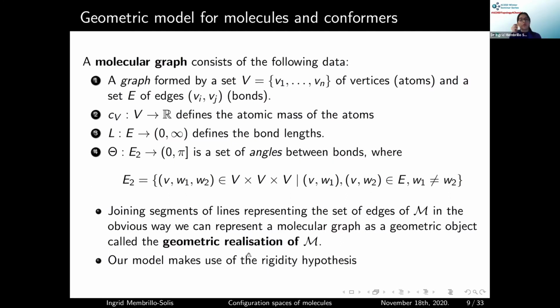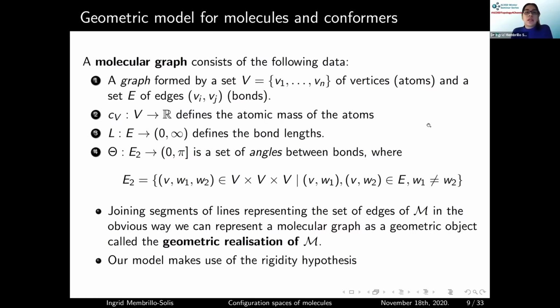One thing I want you to notice is that this model is using a kind of rigidity hypothesis. That means that with these two properties we are adding to the molecular graph, the bond lengths and the angles, we are fixing the lengths of the bonds and the angles, which in many cases is not that bad to consider.